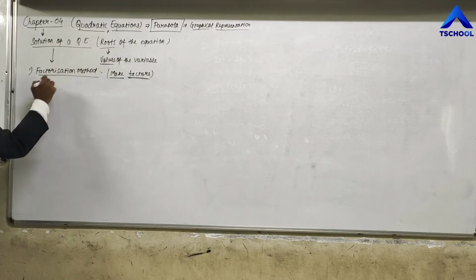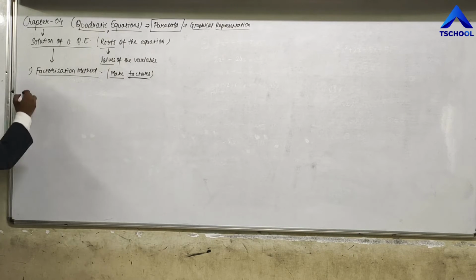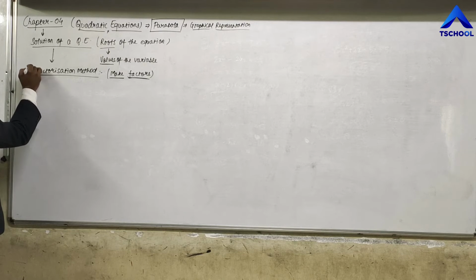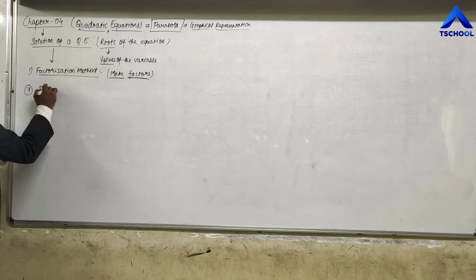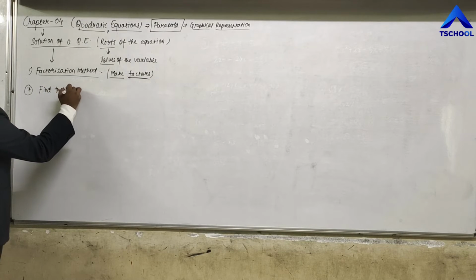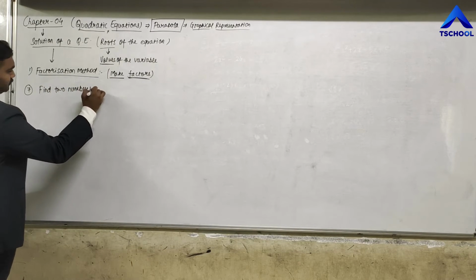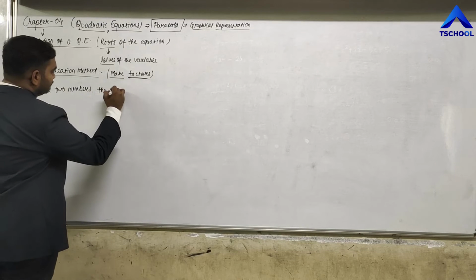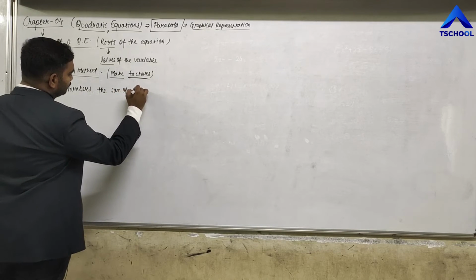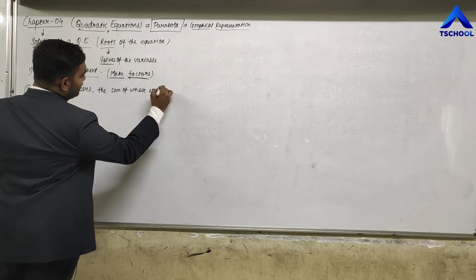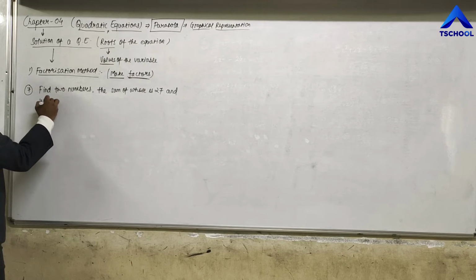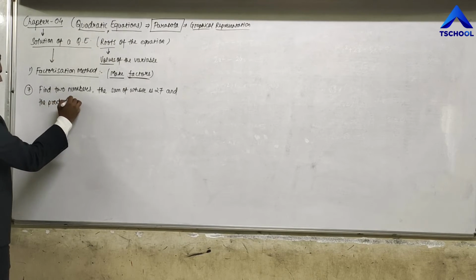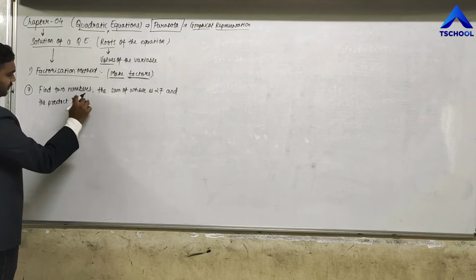Now, there is another question: find 2 numbers, the sum of whose is 27 and the product is 182.